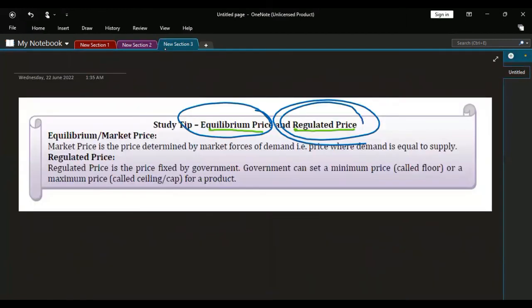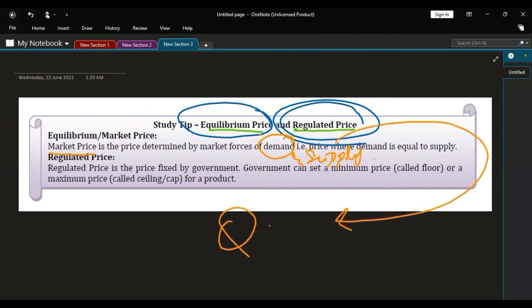So, what is the difference between equilibrium price and regulated price? Equilibrium price is the market price which is fixed by the forces of demand and supply, the price at which quantity demanded is equal to quantity supplied.